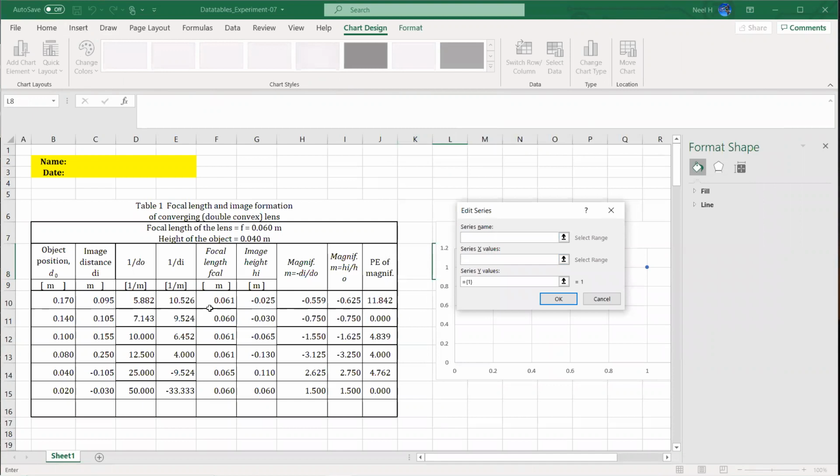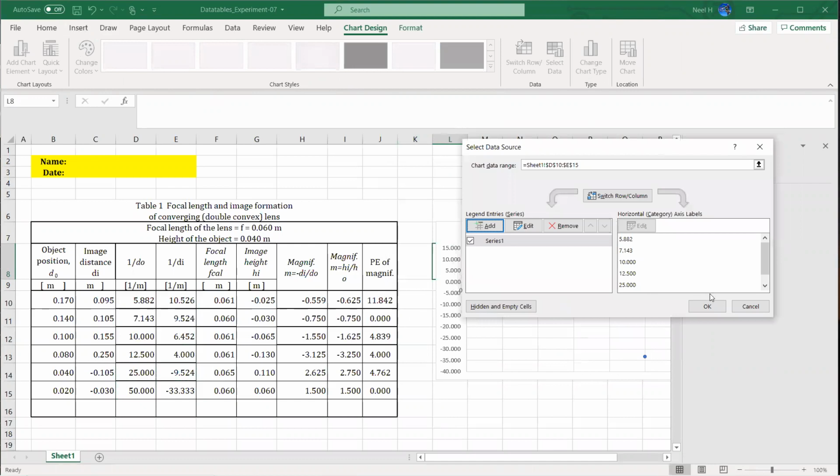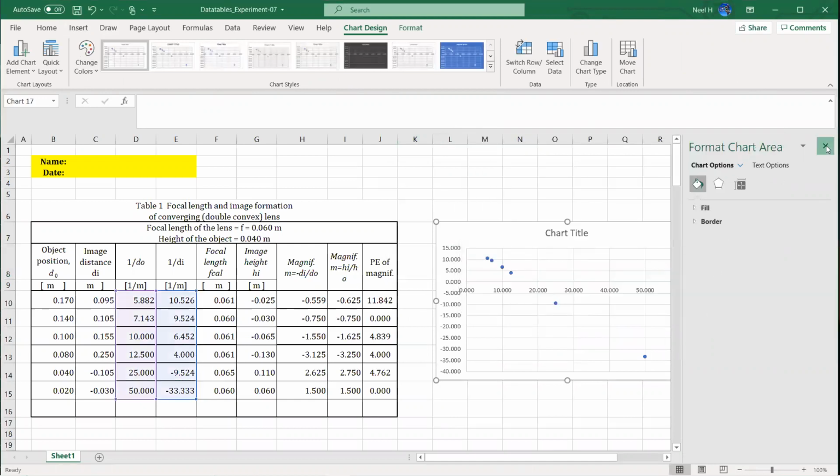and x should be 1 over d0, y should be 1 over di, and it should be a nice linear graph. Let's add the chart title: 1 over di versus 1 over d0 for convex lens.